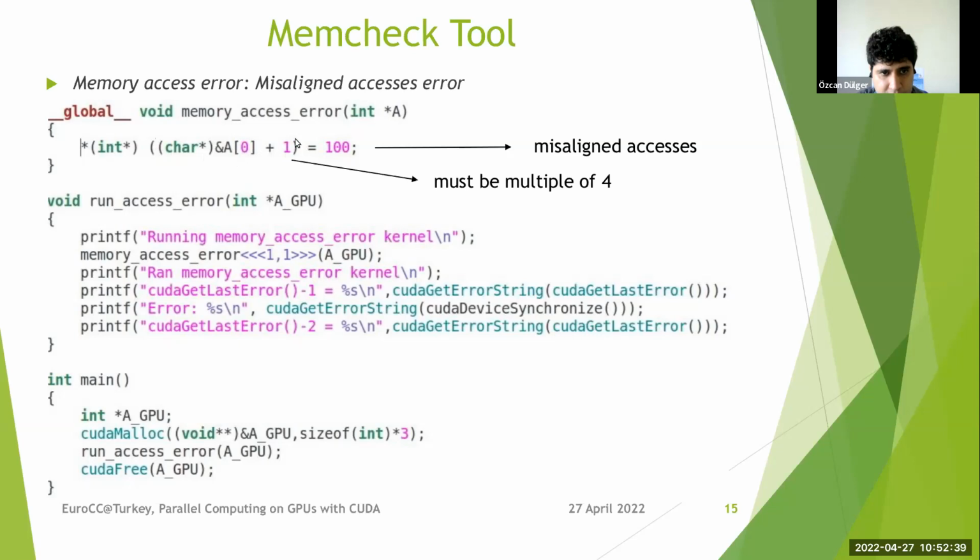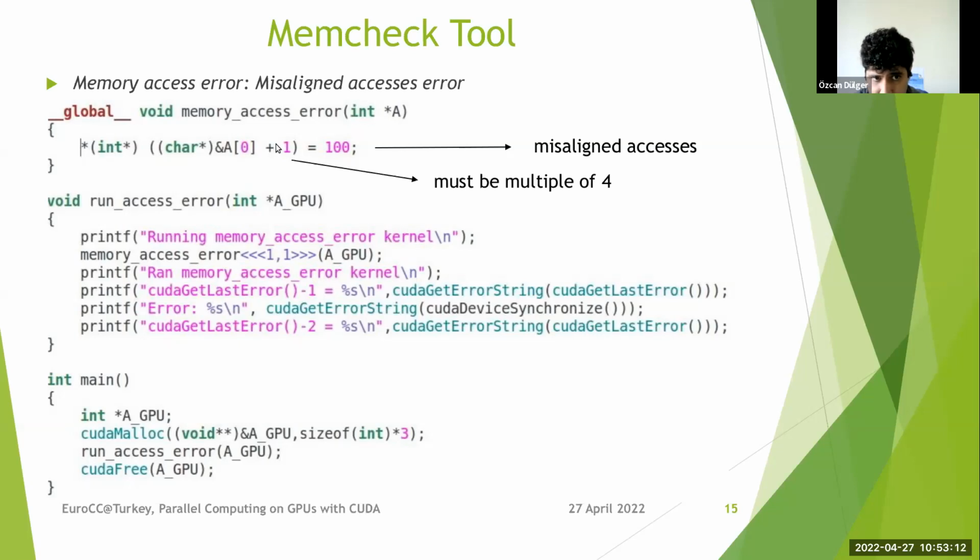For example, here when we add 1, that means we are trying to access the second byte of the first element of A. Each element of A consists of 4 bytes, because they are integer types, and we are accessing each byte of a memory location or an element of the array. Here, this is the first element, and we are trying to access the second byte.